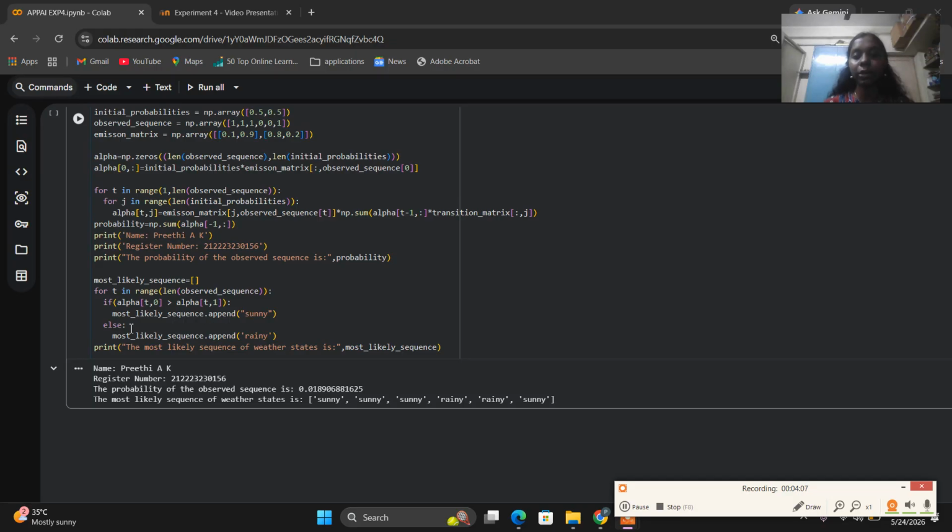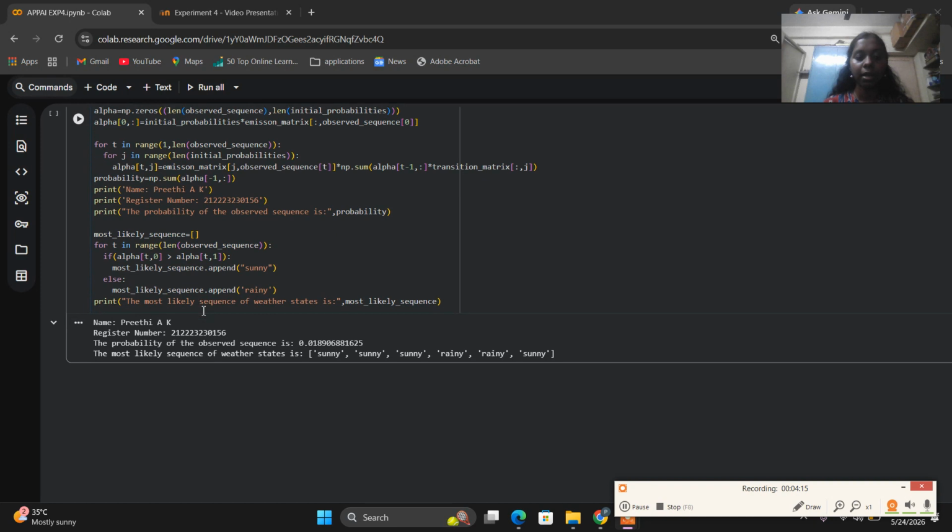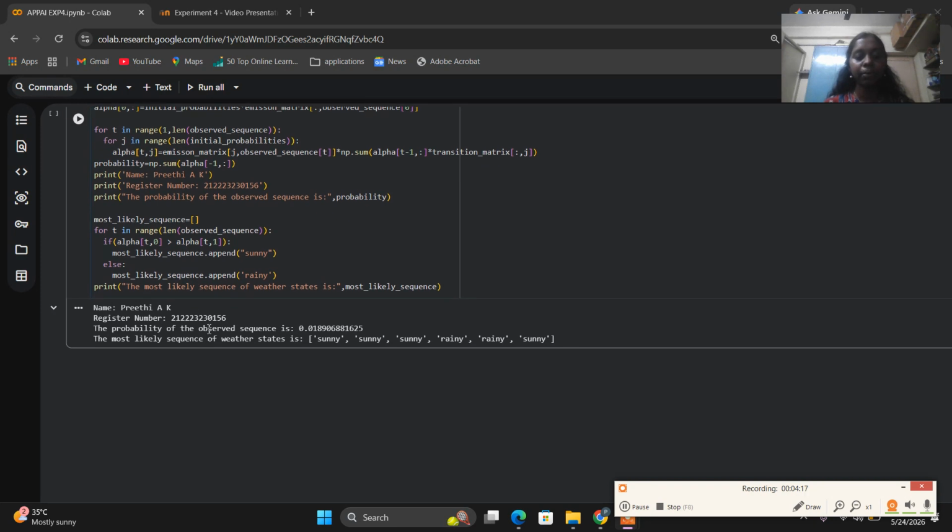And if the value for rainy is greater than sunny, then we say the most likely state is rainy. And when we run the program based on the given observations and the inputs that we have given, we are getting the probability of the observed sequence, this value 0.089, and the sequence as given here.